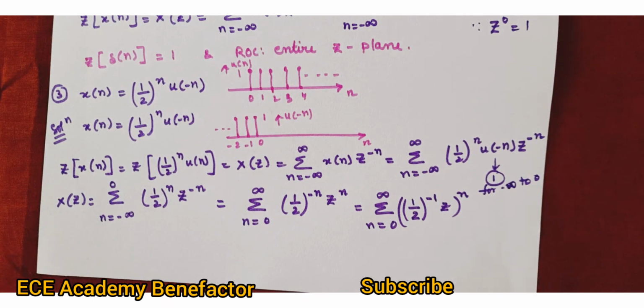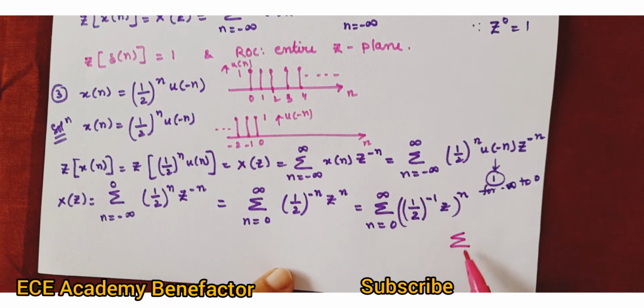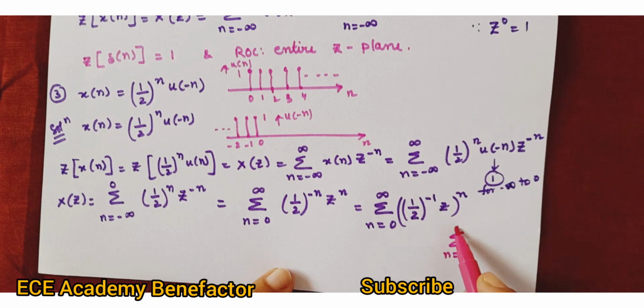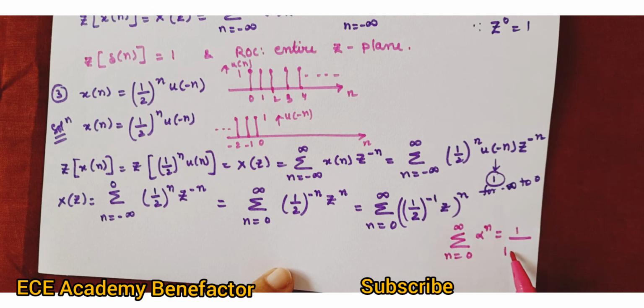Okay. So, now again you have to use the summation formula, n is equal to 0 to infinity alpha to the power of n is equal to 1 by 1 minus alpha.